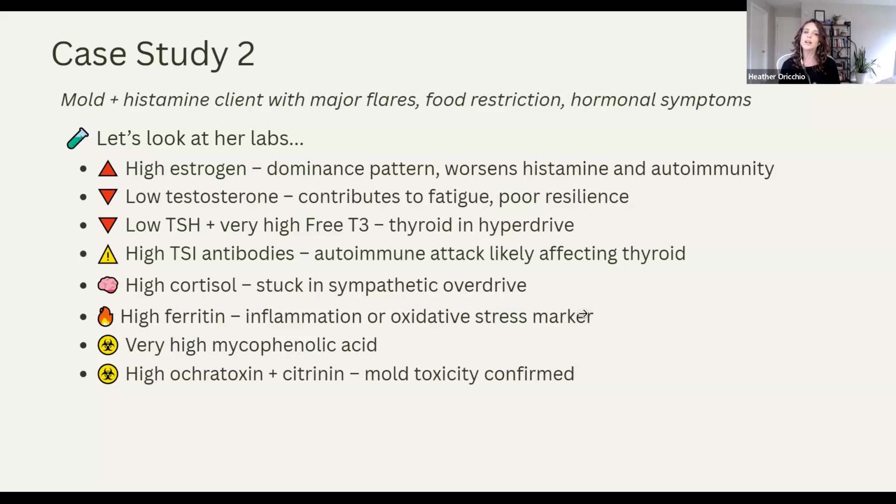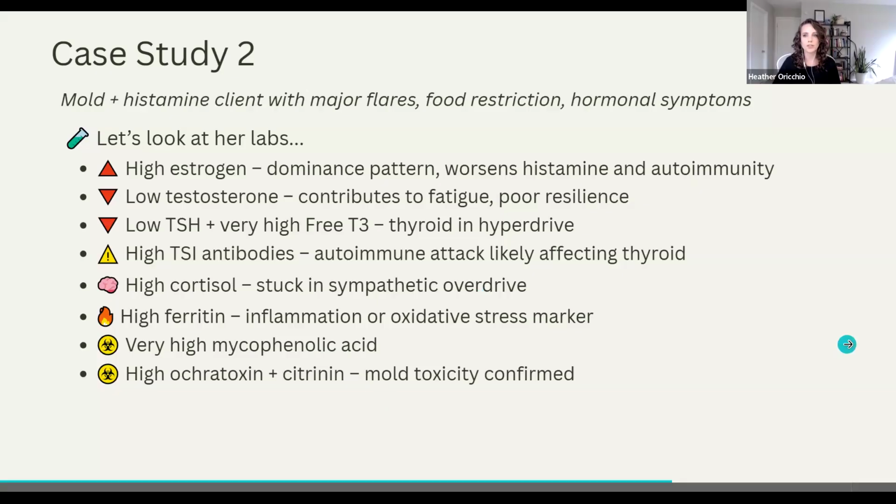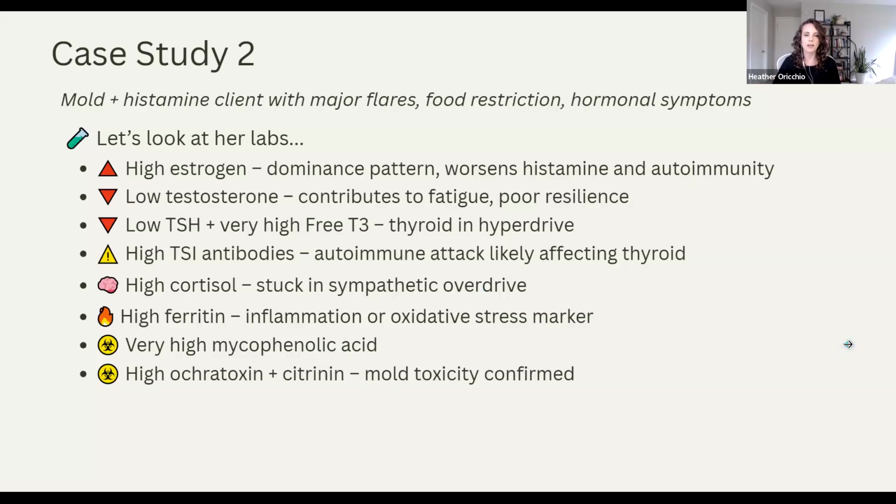The answer is no. Mycophenolic acid, when it's very elevated, can indicate that there's likely an ongoing exposure, because this is a chemical that gets excreted in 4 to 6 weeks generally, through the bile. So if I do see that it's very high, then I am very, very suspicious, and I do encourage them, you have to get some testing done. She did have other high mycotoxins as well. So mold was her biggest root cause by far.